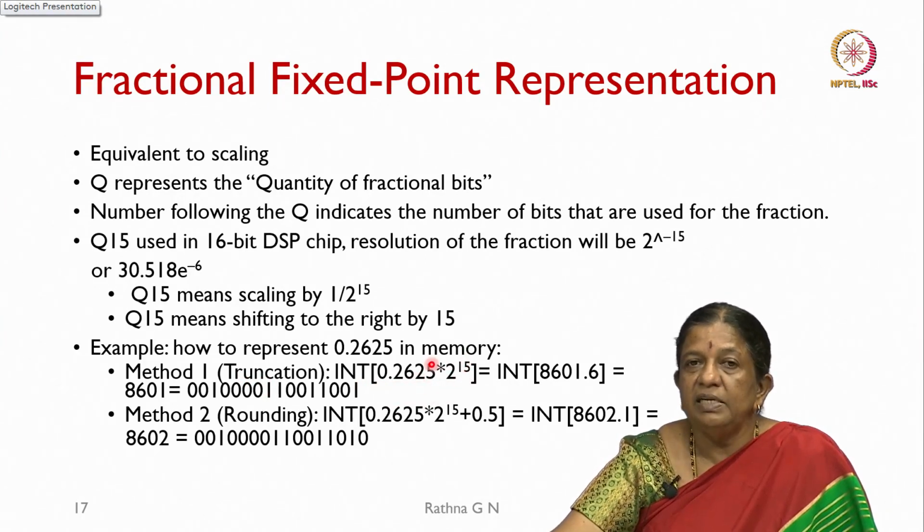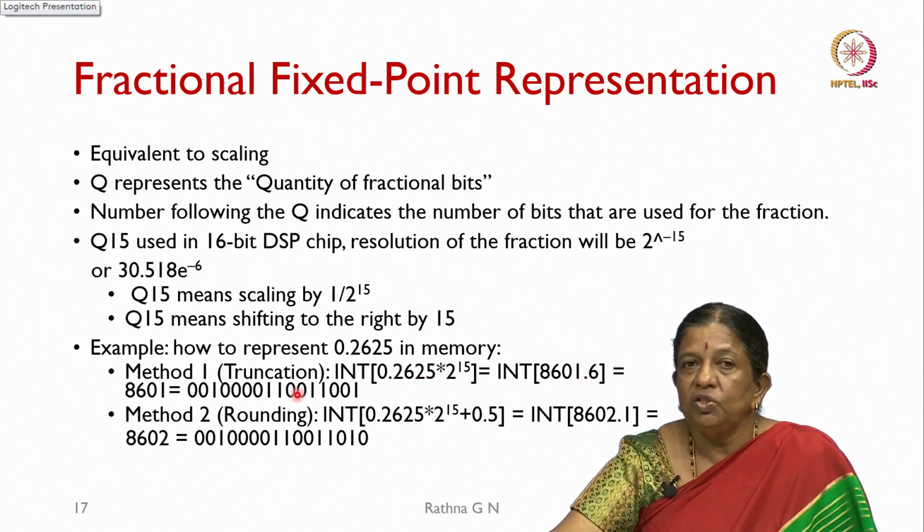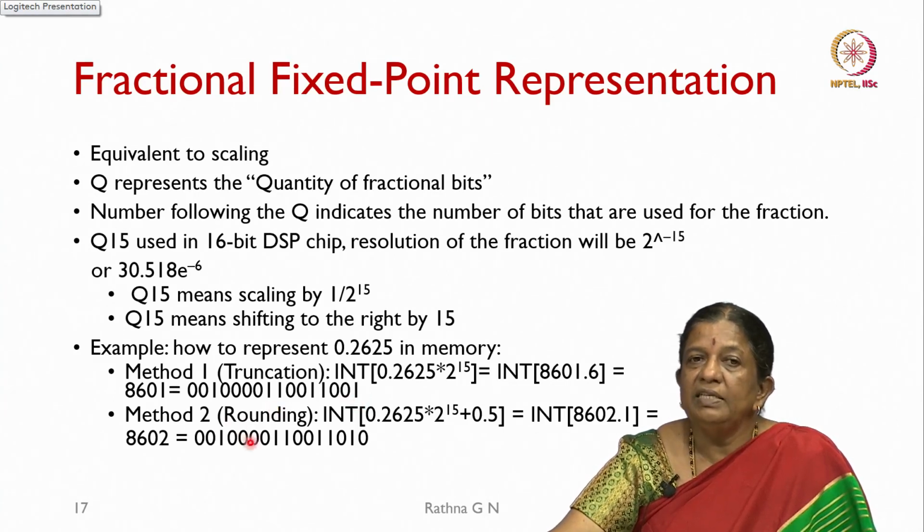The resulting value is 8601.6. In truncation, we truncate whatever comes after the decimal point. So, it will be represented as 8601. So, you will be seeing this in the 15 bit binary format. And in the second case, we can do the rounding.